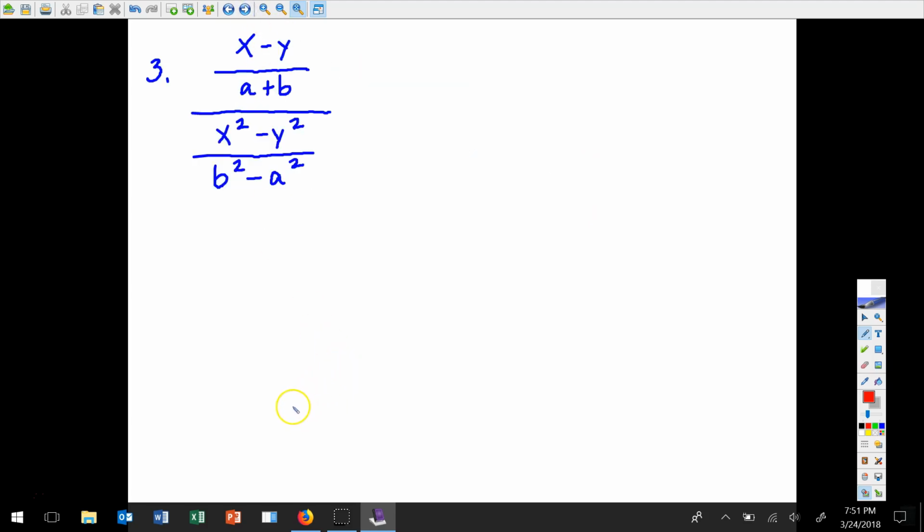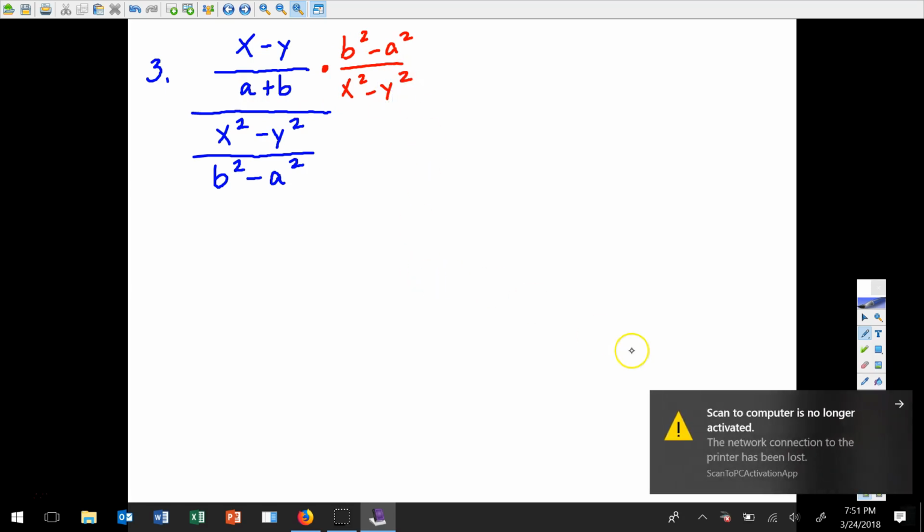Okay, number 3, also simplifying, and this is division. It's just written as a complex fraction, but it means division by this denominator. So let's just come up here and show the multiplication of the inverse of this denominator, b squared minus a squared over x squared minus y squared.